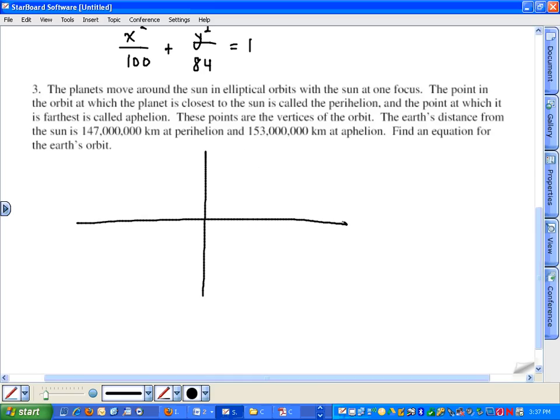Imagine the solar system on a two-dimensional graph. Way out here we can let this little teeny point represent Earth. The sun is actually not at the center of the orbit, so if this represents the sun, the Earth travels around the sun in an elliptical orbit.